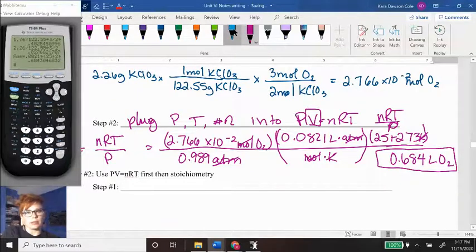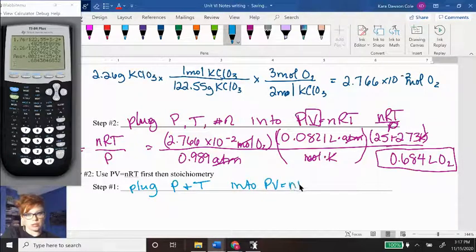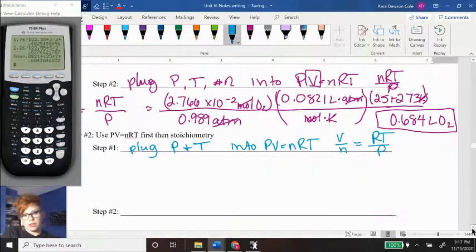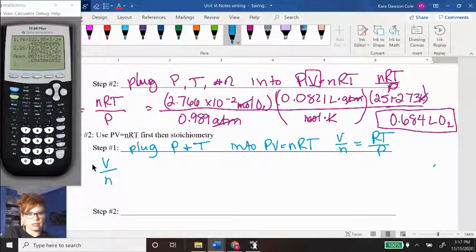So the second way that you could solve this problem is to use PV equals nRT first. So in this case, we're going to plug pressure and temperature into PV equals nRT. We're solving for V over n, and that's going to equal RT over P. So I have V over n. This is molar volume, much like the 22.4 liters per mole is.